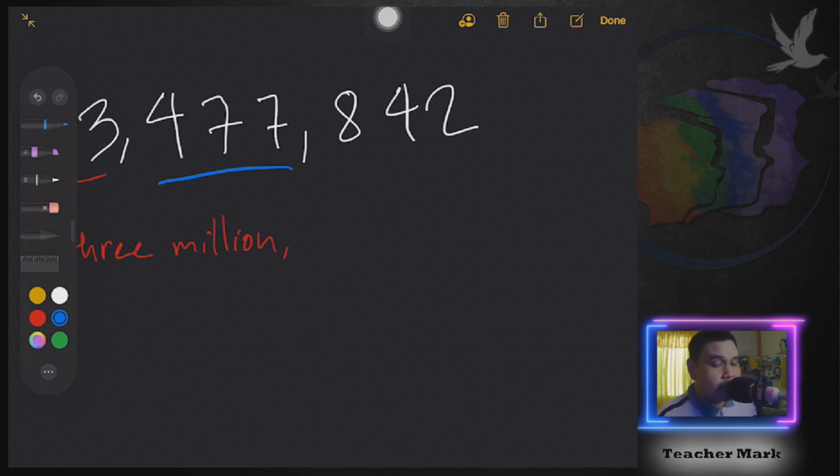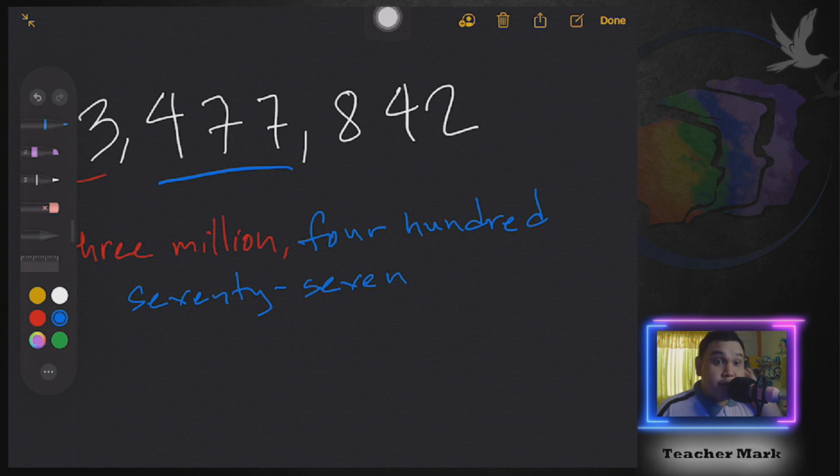So that's 477. But since it belongs to the thousands family, you have to add 1,000. 477,000. And of course, we now have the last family, which is the hundreds family.